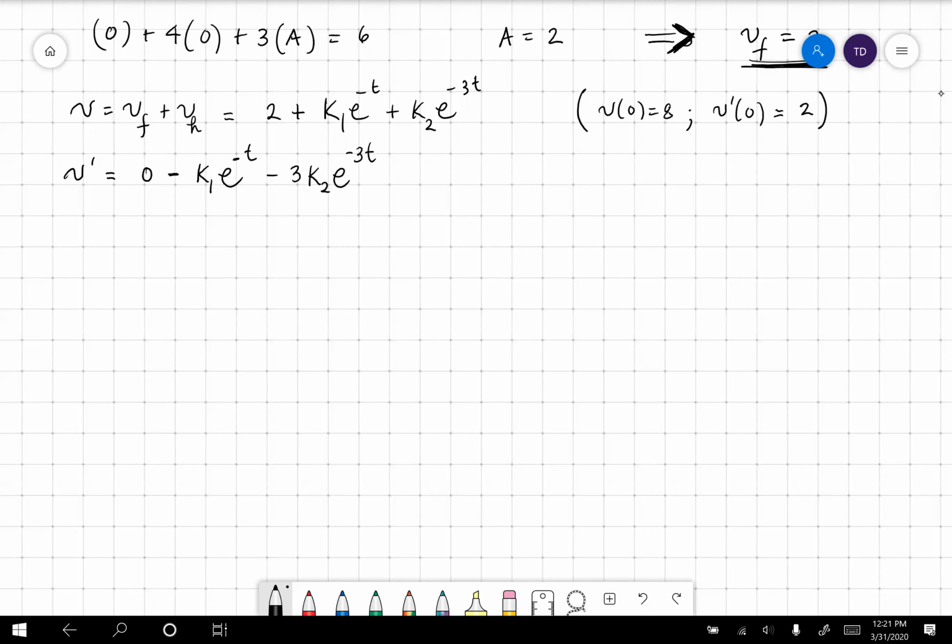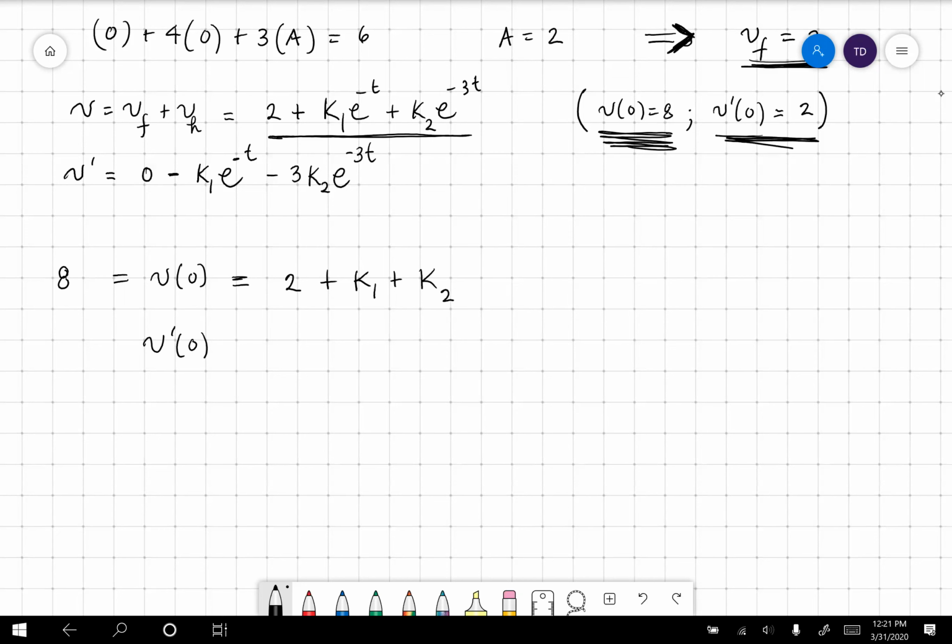Okay, let's take v at 0. From here, v at 0 is equal to 8. There it is. It's 8. From here, when t is equal to 0, 2 plus k1 plus k2. V prime at 0.